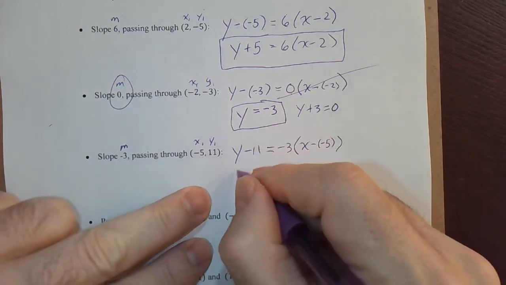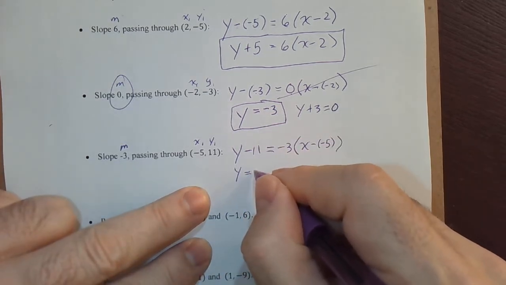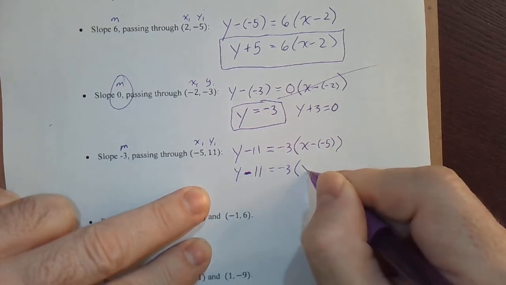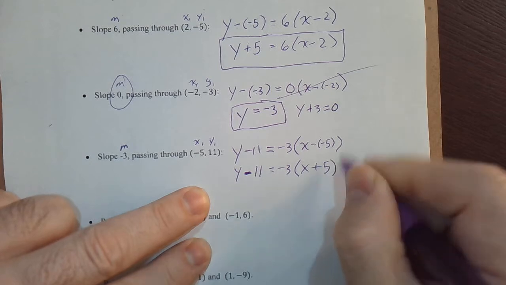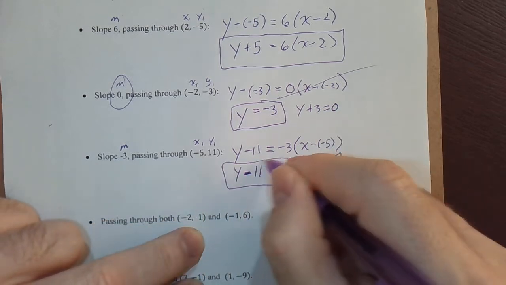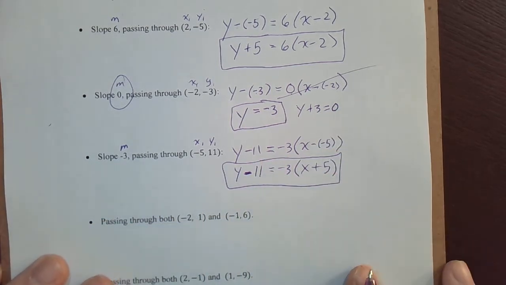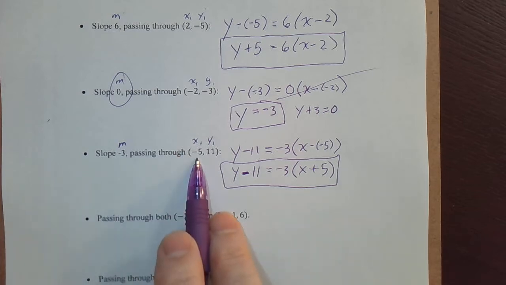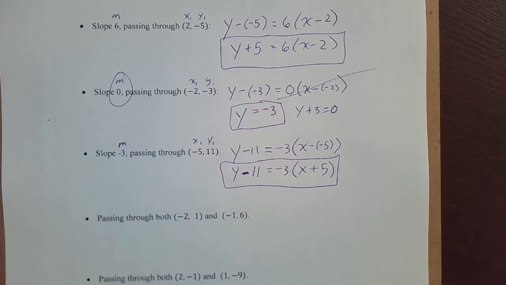And again, a nicer way to write that would be y minus 11 equals negative 3 times x plus 5. So if you're given a point and the slope, it's very easy to plug in and get the equation of the line of the given slope that passes through that one point.